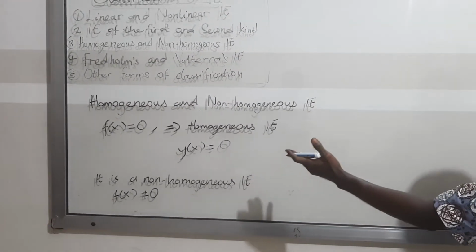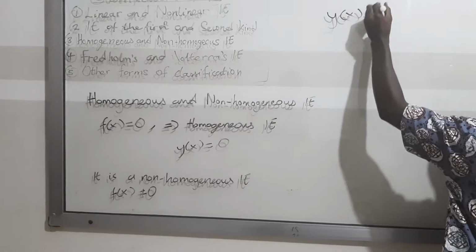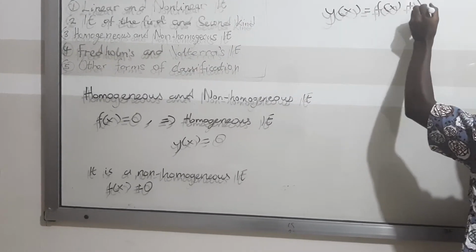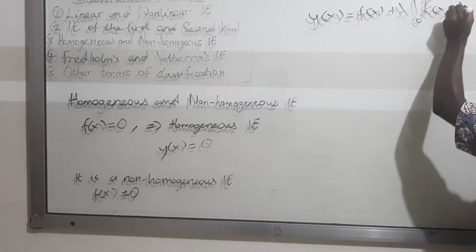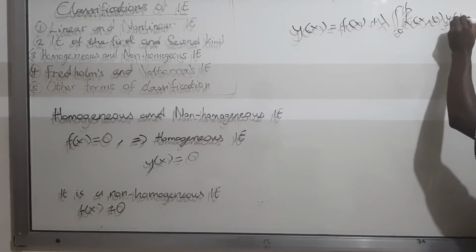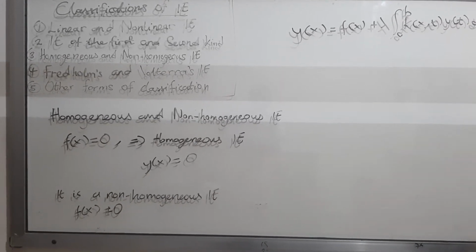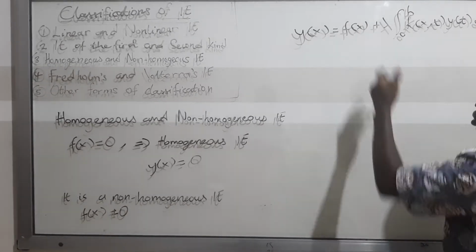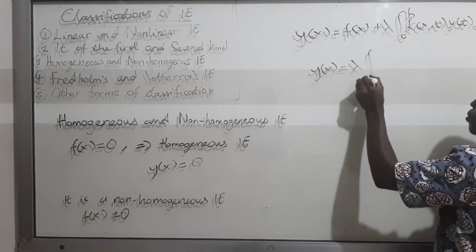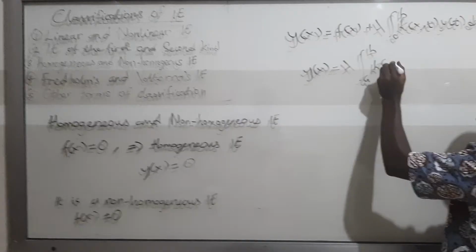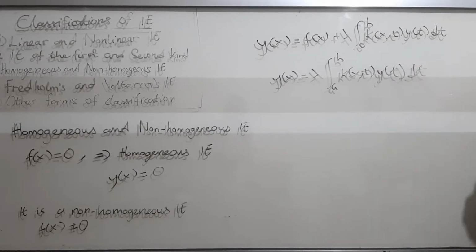So let's consider the equation. This is a general form of an integral equation. So if f of s is equal to 0, we are going to get y of s equal to lambda integral of a to b k of s,t y of t dt.